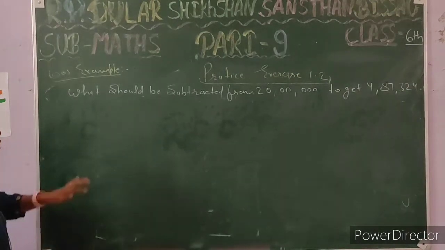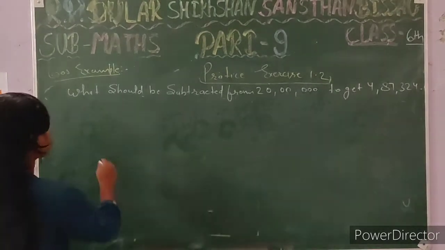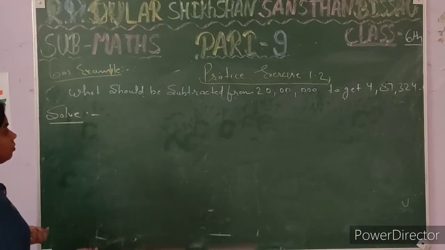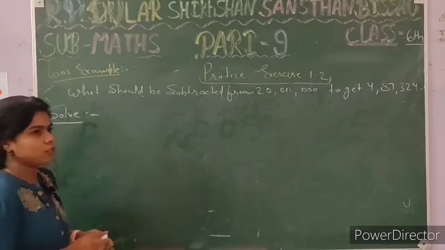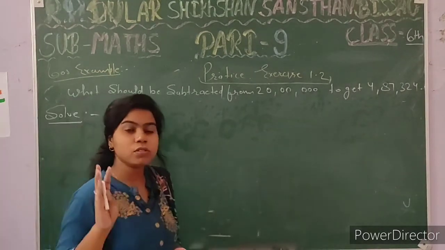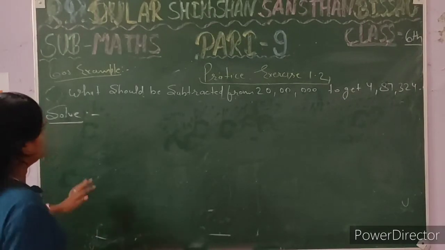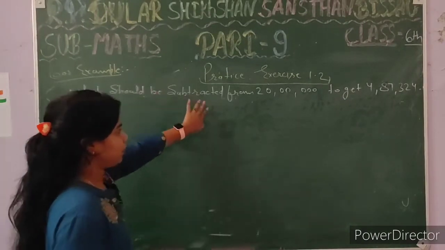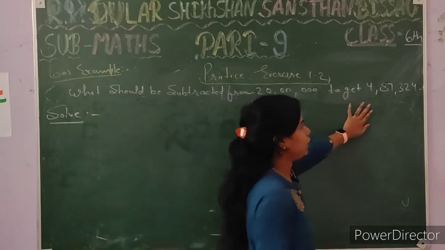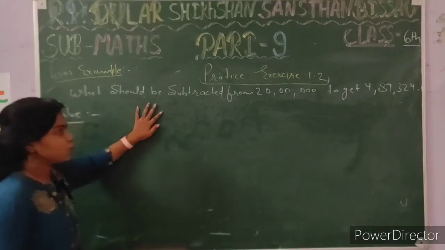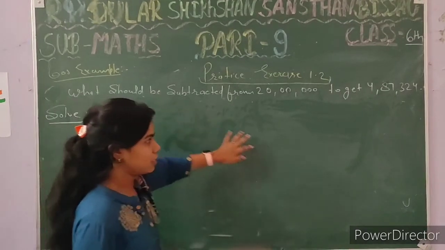How do we solve this type of question? First of all, we have to read the question two times. Carefully we have to learn this type of question: what should be subtracted from 20 lakh to get 4,87,324.